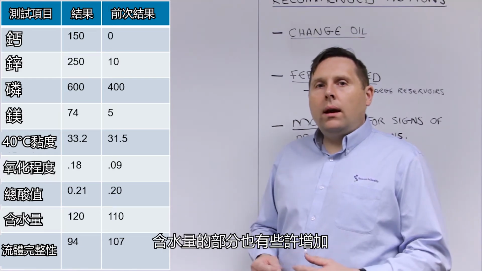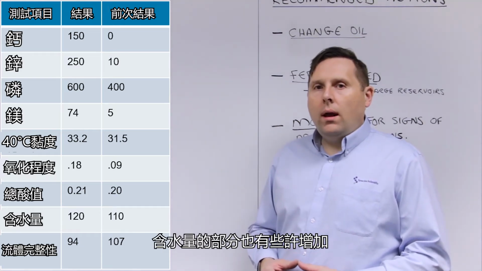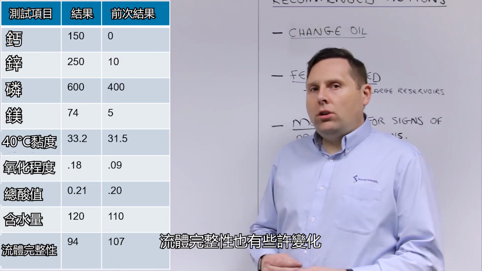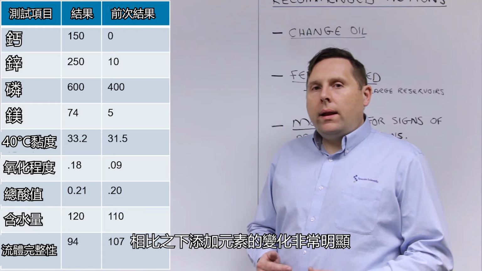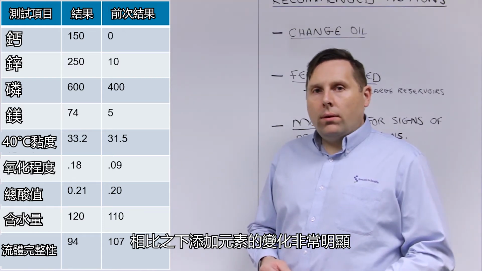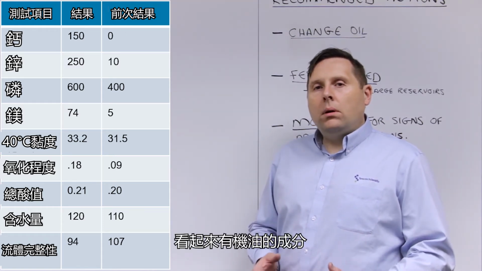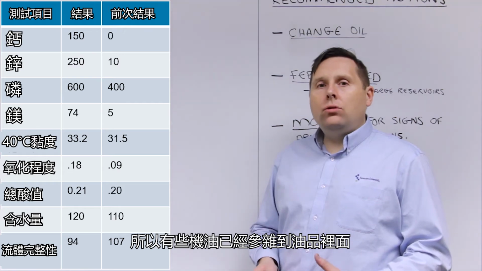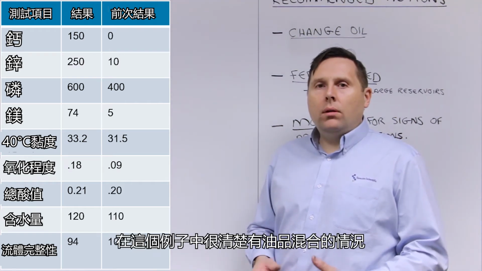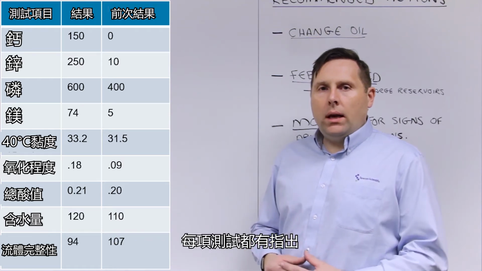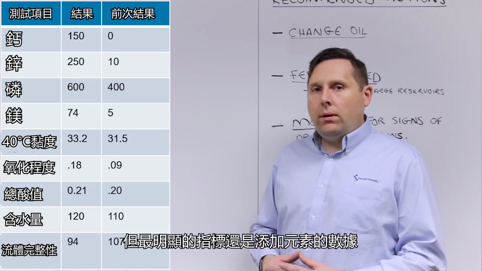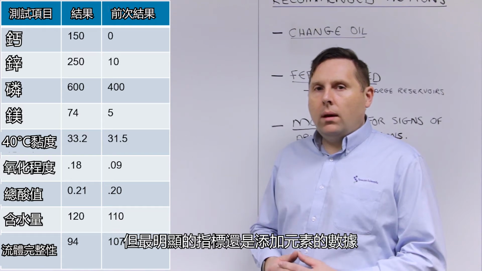You also see a slight increase in water content, and your fluid integrity has changed a little bit as well. The additive elements are so dramatically different, and the nature of those are such that looks like they're coming from engine oil. So it looks like engine oil was added into this fluid. So it's a clear case here where you've got a fluid mix-up, and all tests are indicating that. But the most convincing evidence is from the elemental additives.